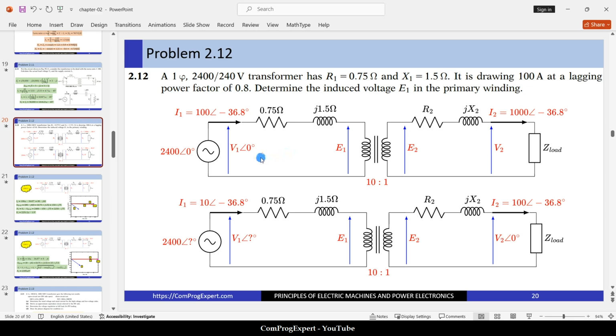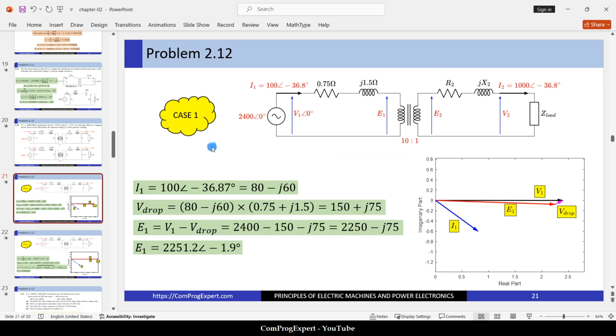In this case, case 1, we can just write a KVL for this loop on the primary side and calculate E1, right? Not too complex. So here is case 1.